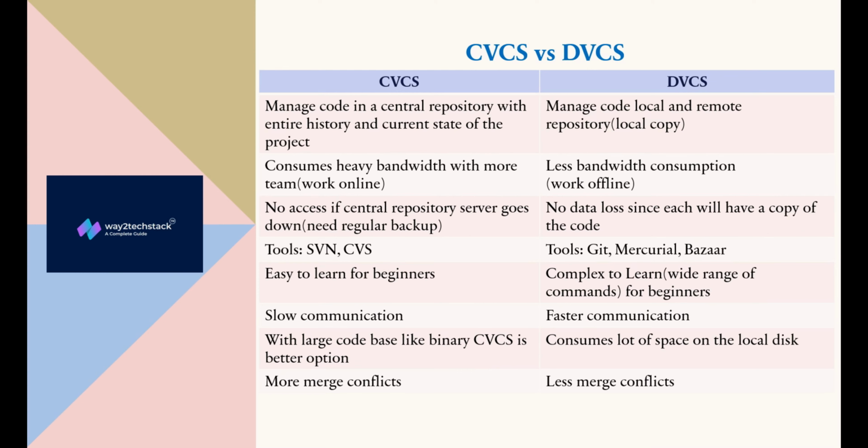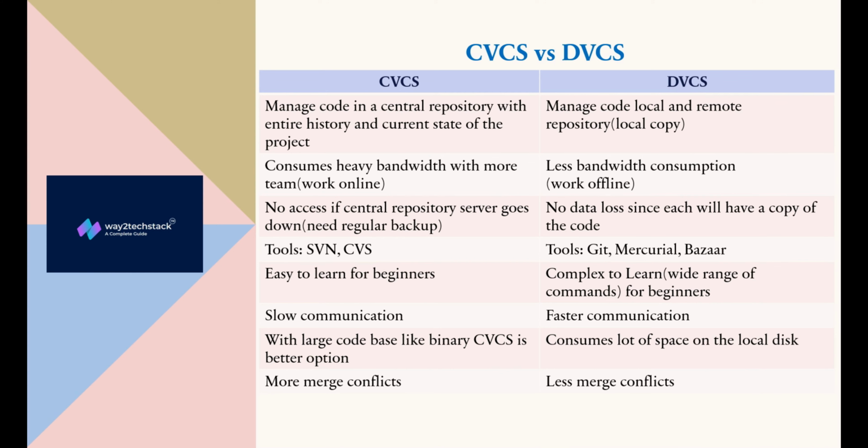The entire changes you have done, that versioning and history, is entirely stored in the centralized server. Whereas in DVCS, it is stored in the remote as well as in the local, because you have another copy in your local system of the entire revision history of the files. That is the advantage we have with DVCS.